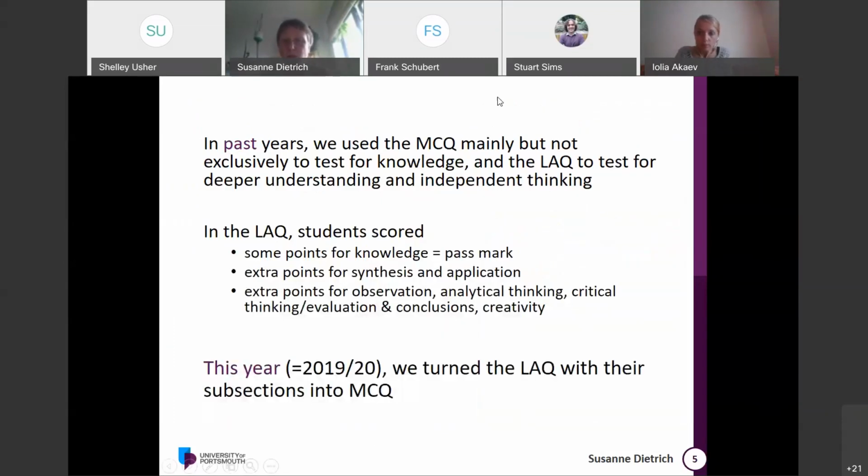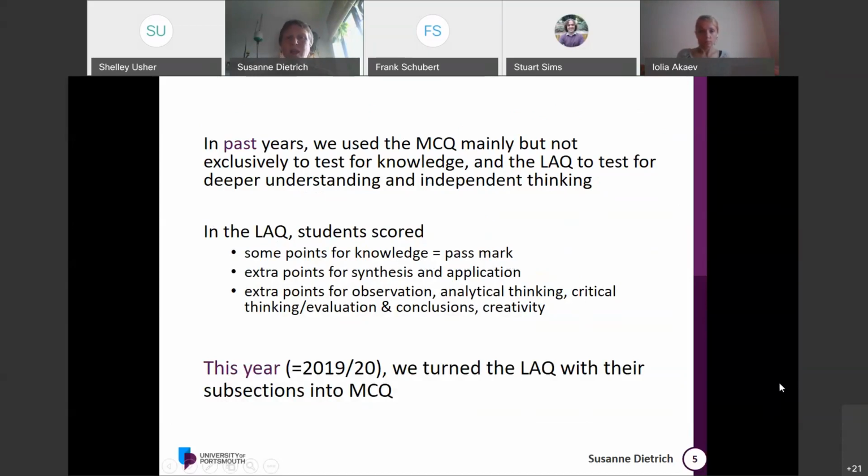In the past, we used the MCQ part of the exam mainly but not exclusively to test for knowledge. And we used the long answer question for students to show higher level thinking skills, so deeper understanding and independent thinking.